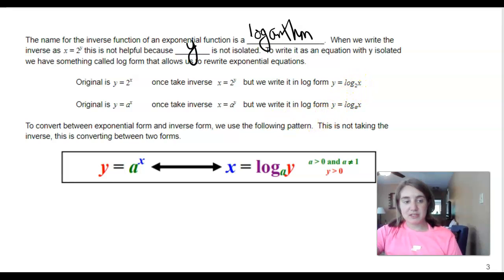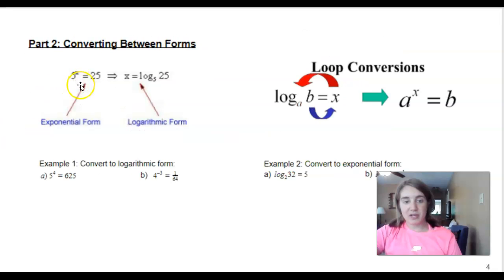We're now going to practice converting between log form and exponential form. So one way to think of it is, if I have 5 to the x equals 25, the little number is the base and the x is the exponent.